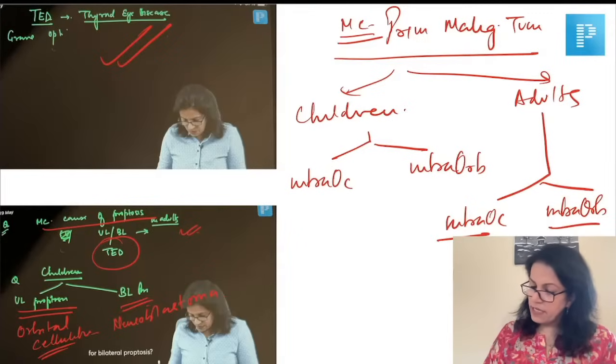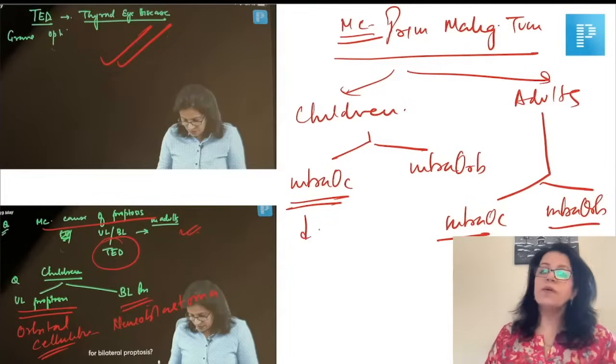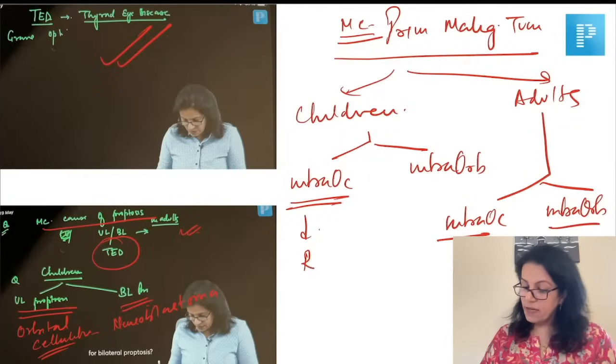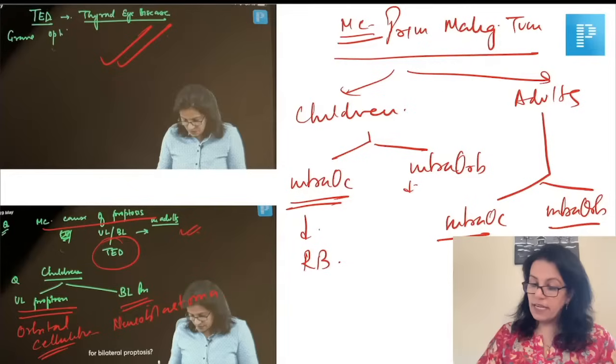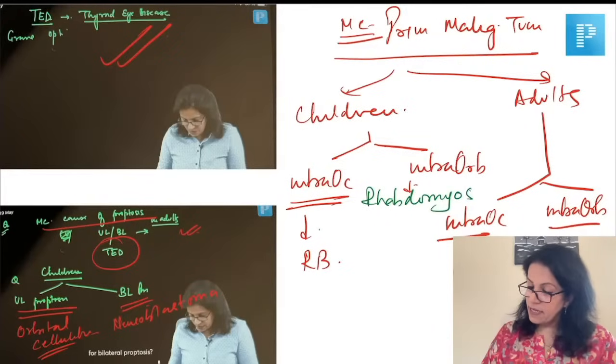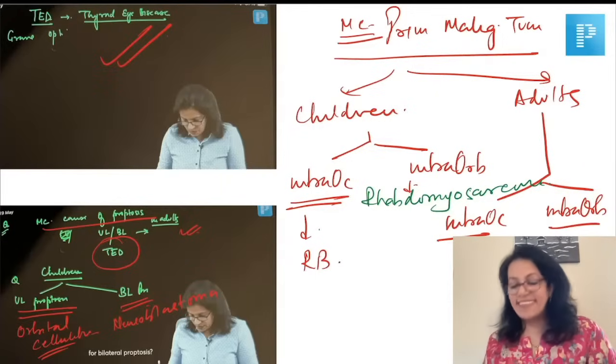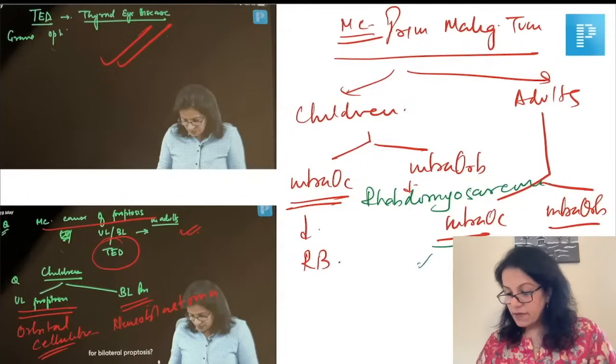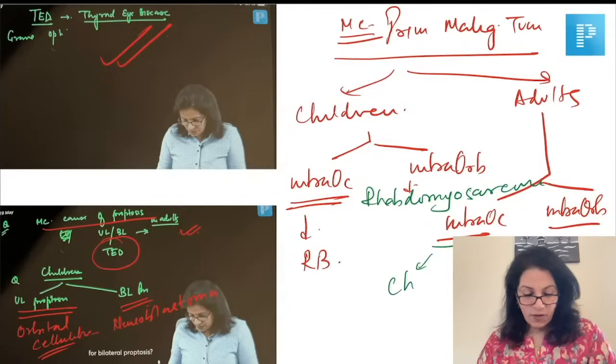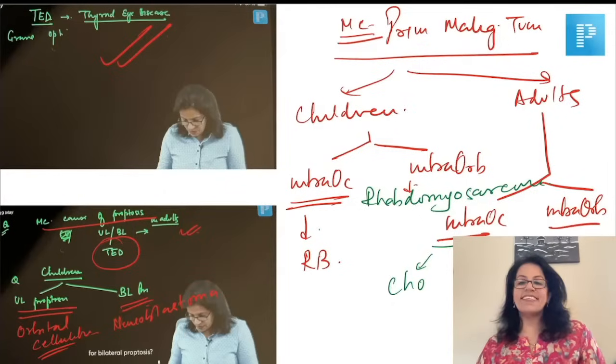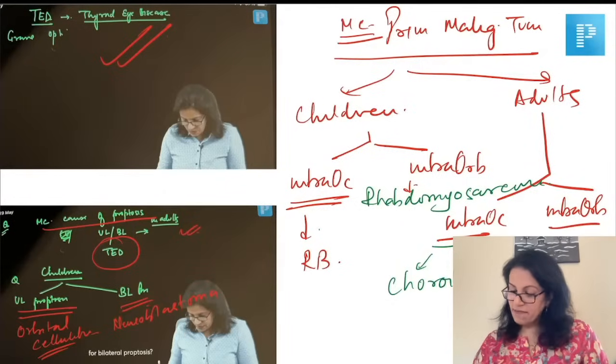Intraocular, here you will answer, we all know, retinoblastoma. Intraorbital, again you all know very well, we are talking about rhabdomyosarcoma. Okay, is it clear till here? Rhabdomyosarcoma. Now for adults, intraocular, we all know the answer: choroidal malignant melanoma.